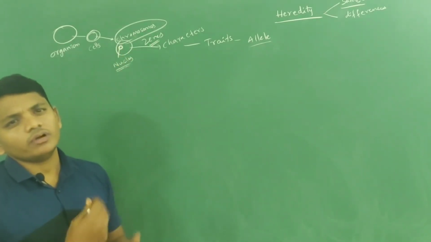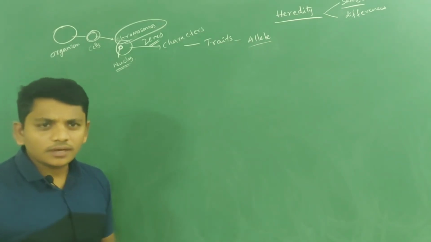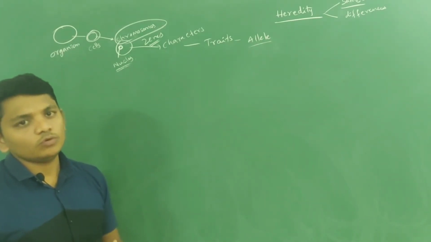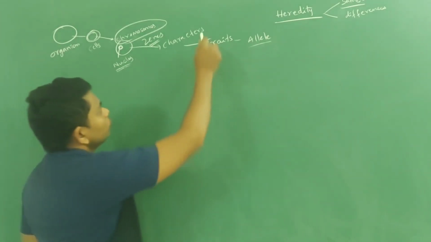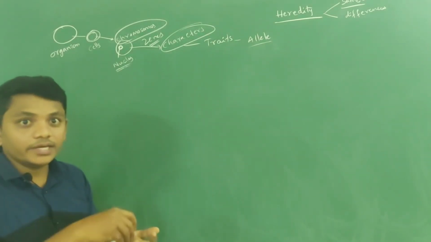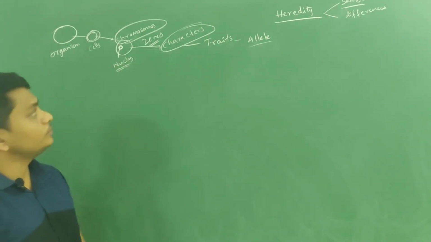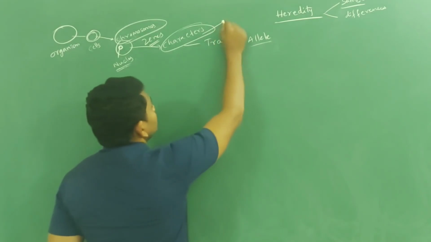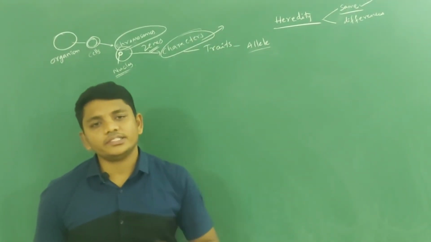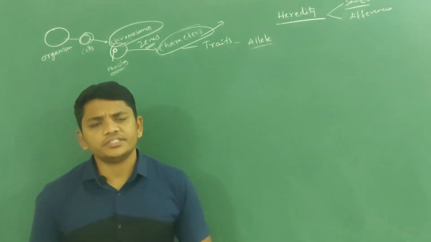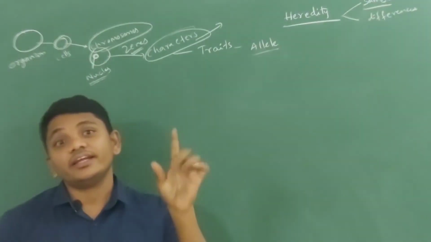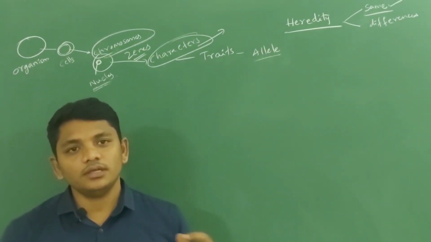We have a number of characters, but all of them are coded in chromosomes, and each character has traits. What is a trait? A trait indicates the character.